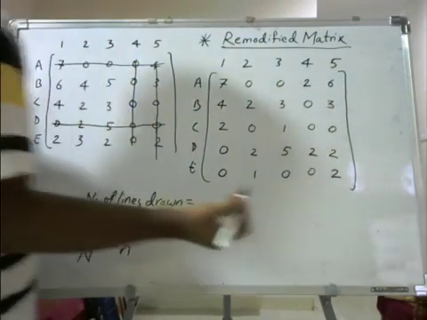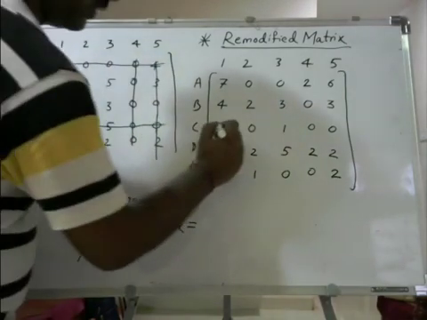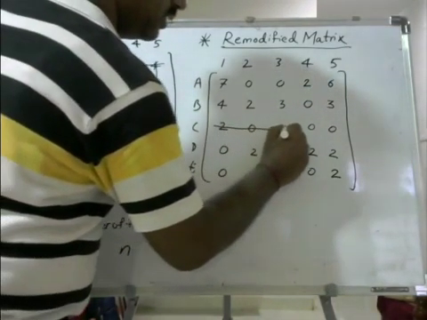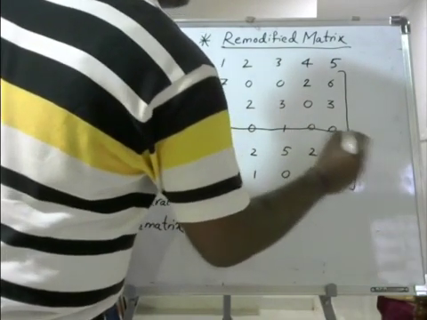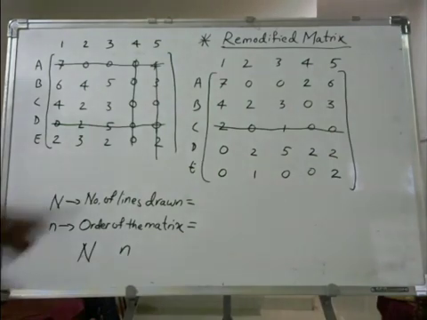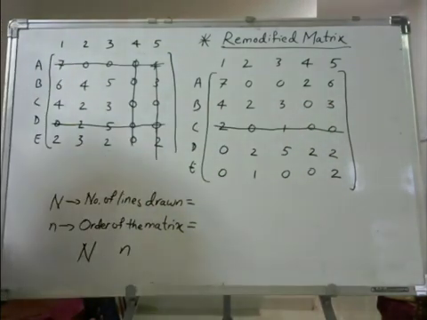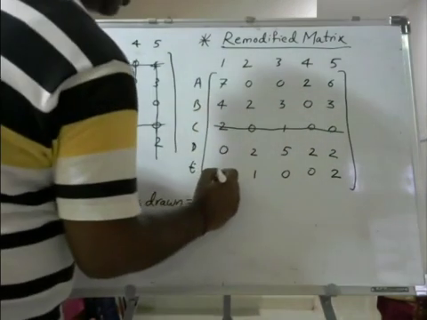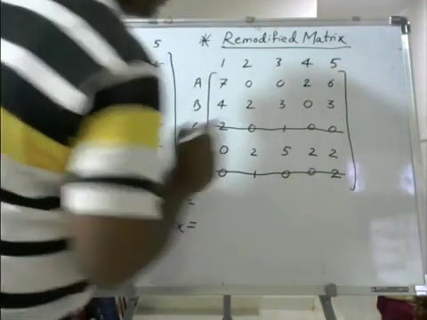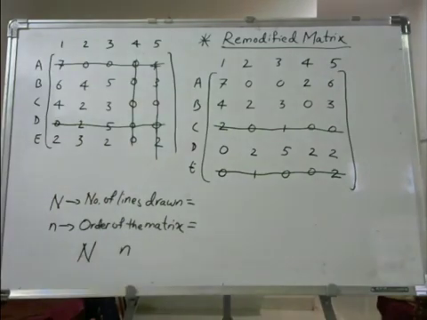So first we will strike that row which has got the maximum number of zeros. So here there are 3 zeros, so I have done that. Another such row is this one. Here I have drawn the second line.